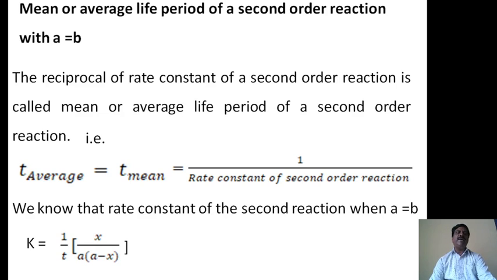Therefore, t average, which can also be written as t mean, is equal to 1 divided by the rate constant of a second order reaction.